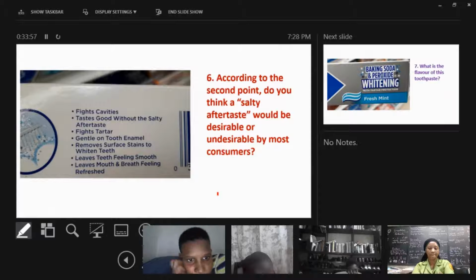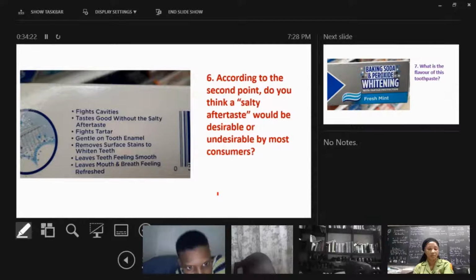Okay, miss. Fights cavities, tastes good without the salty aftertaste. Fights tartar, gentle on tooth enamel, removes surface stains to whiten teeth, leaves teeth feeling smooth, leaves mouth and breath feeling refreshed. Should I read that over or just read the... Yeah, read it over.